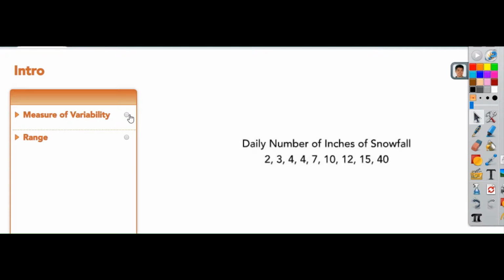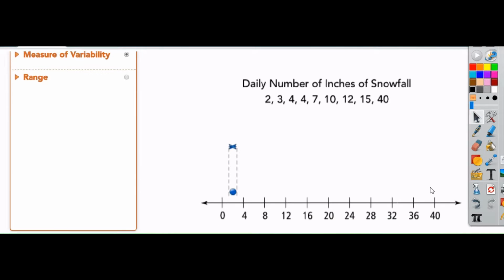The middle value is going to be a better representation of this data set because this outlier 40 is going to pull the mean closer to it. And if you're pulling something closer to you, you're pulling the numbers away from the middle of the data set. So a better representation of the middle of the data set is going to be the median for this data set.